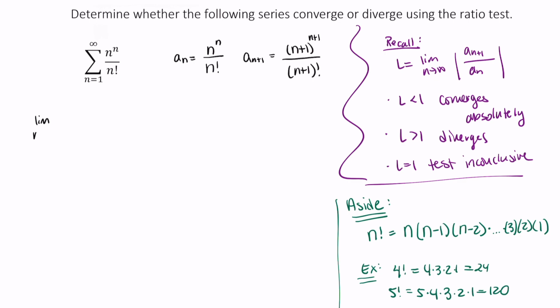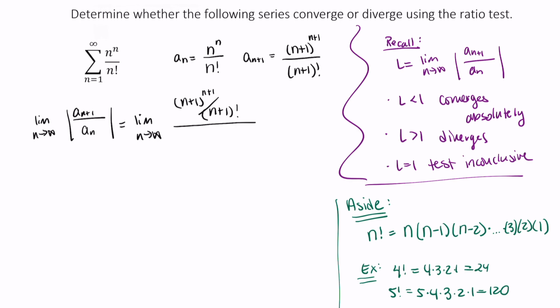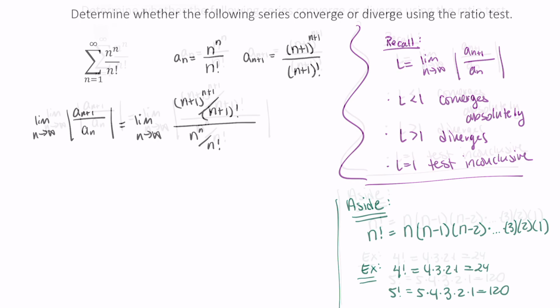So the limit as n approaches infinity of the next term over the previous term is equal to the limit as n approaches infinity of n plus 1 to the n plus 1 power divided by n plus 1 factorial. And then in our denominator, we have n to the n divided by n factorial.